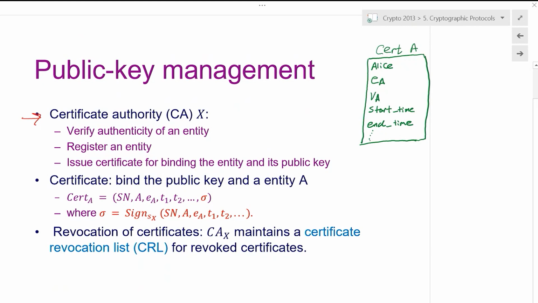This entity itself has a certificate X, and it is known to everyone that its certificate is valid. So what it does is compute a hash of this entire thing, right? So we apply a hash function, and the result would be hash of A.